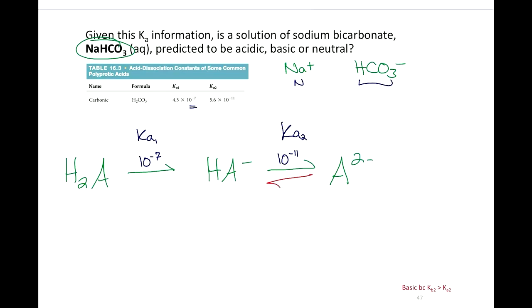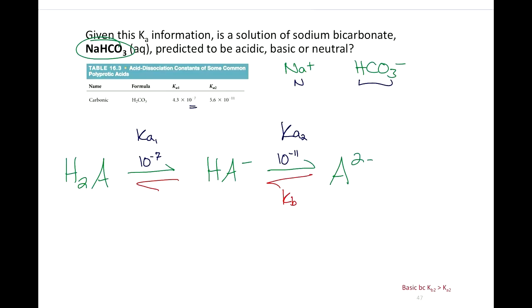In the other direction, A2 minus can act as a base. HA minus can also act like a base. So in the red direction, the backwards direction, we're moving through the base form. So we're going to put those Kb values there. This first Kb value, going from A2 minus to HA minus, is which Kb value? Look back at your previous work. Is it Kb1 or Kb2?